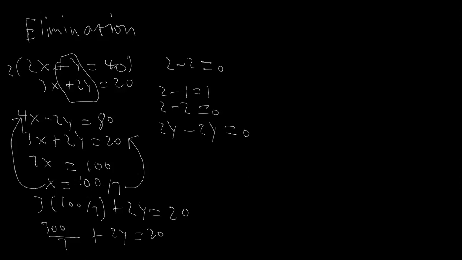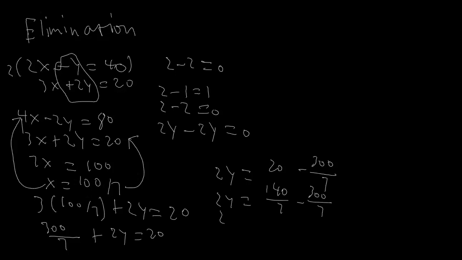Okay, so now we're almost done. So it will just be this, 2y is equal to 20 minus 300 over 7. And then we want a common denominator, so then it will be 2y is equal to 140 minus 300 over 7.